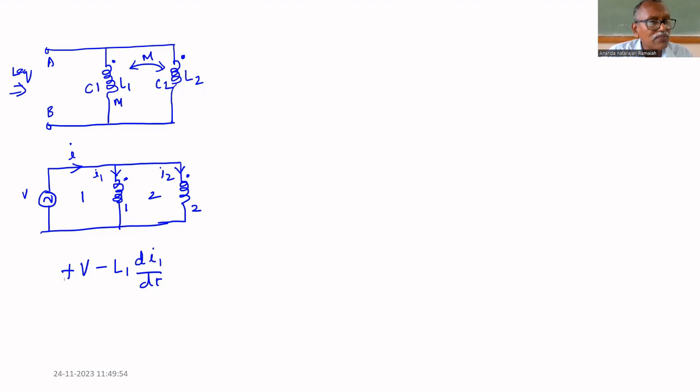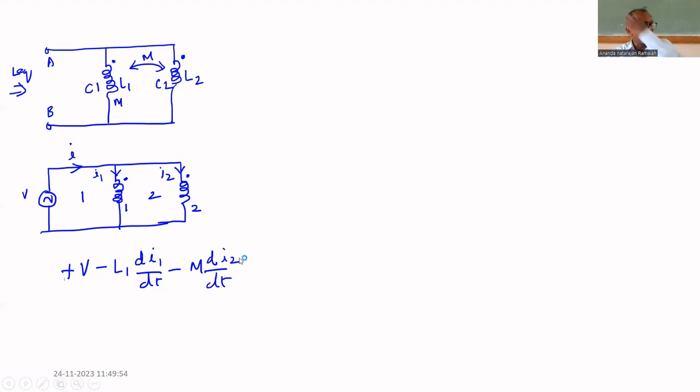If you see the dot convention, here the current is entering the dot, and here also it is entering the dot. That's why it is also minus M d by dt of the current responsible for that flux, which is I2, not I1.